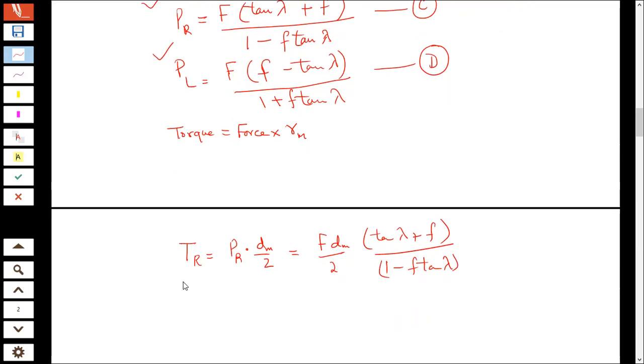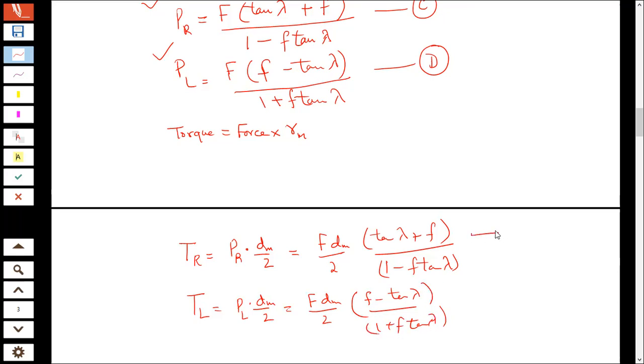Similarly, I can also state that my T L will be equal to P L into dm by 2, which is equal to F dm by 2 times f minus tangent of lambda over 1 plus f tangent of lambda, right?